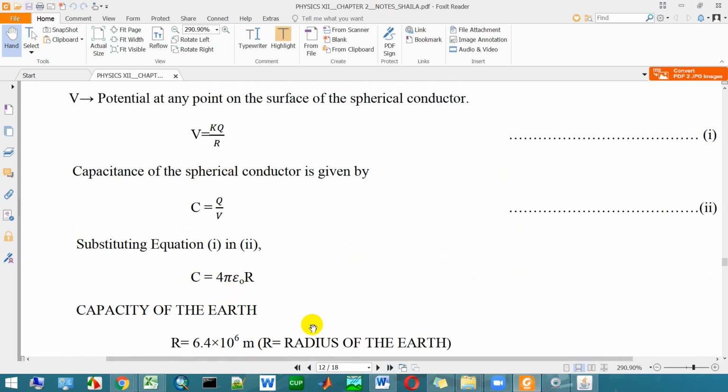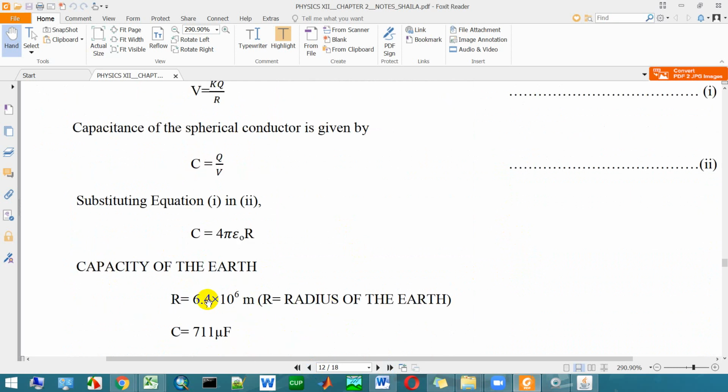Now, how to find the capacity of the earth? Earth's radius is 6.4 into 10 raised to 6 meter. When we substitute this radius of the earth in this equation, we get the capacitance as 711 microfarad. Earth is such a big size, and we cannot construct a capacitor of size greater than the size of the earth.